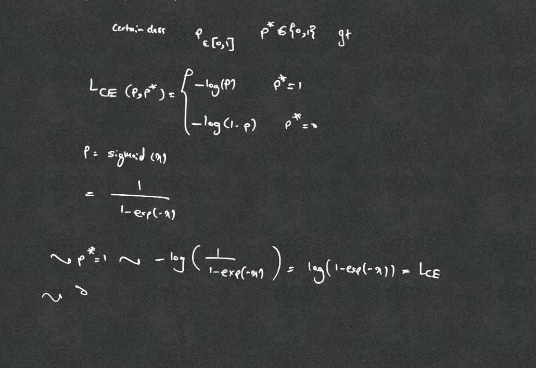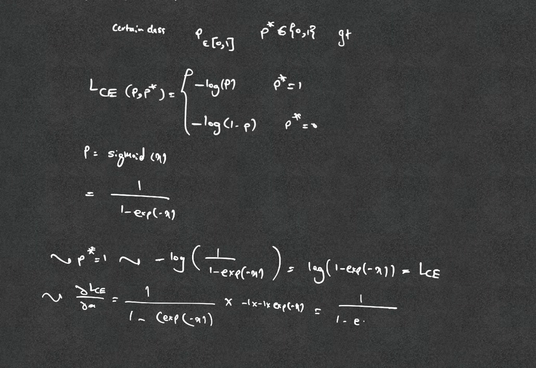If you consider the partial derivative of this cross-entropy loss with respect to X, you're going to have 1 divided by 1 plus e to the minus X, because this is the derivative of the logarithm part, and you have minus 1 times e to the minus X, which becomes this. And this is P minus 1.